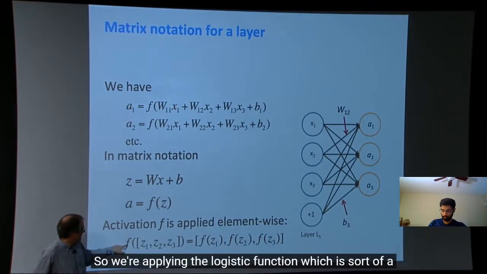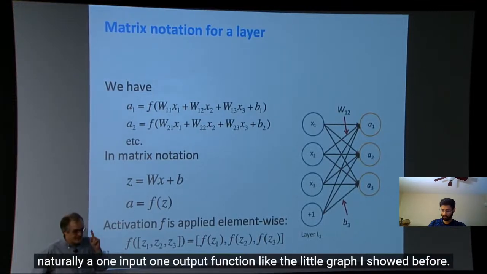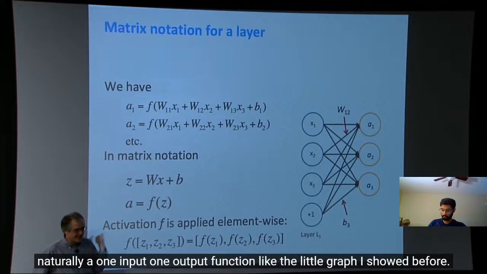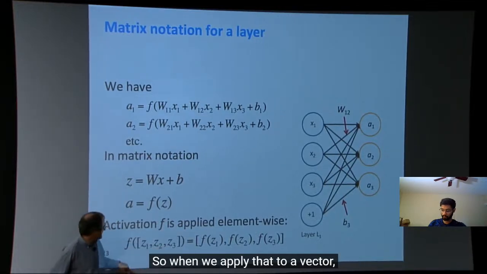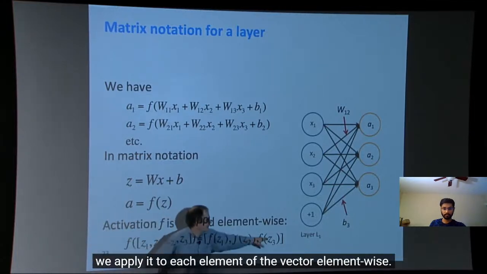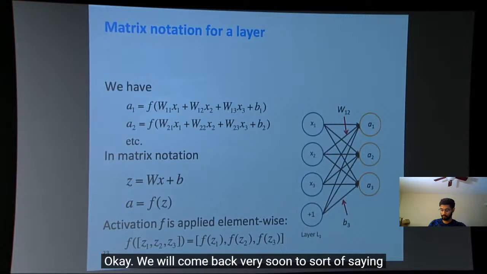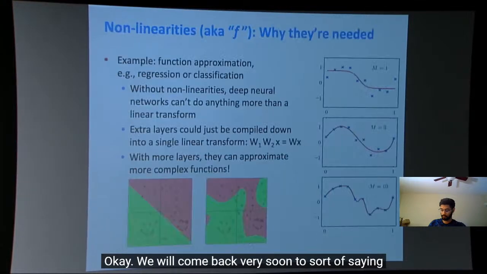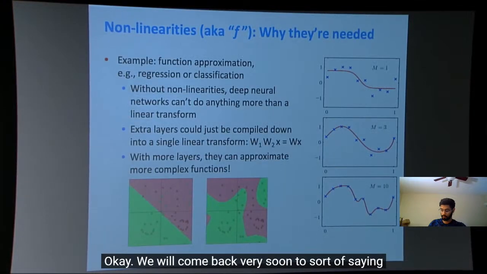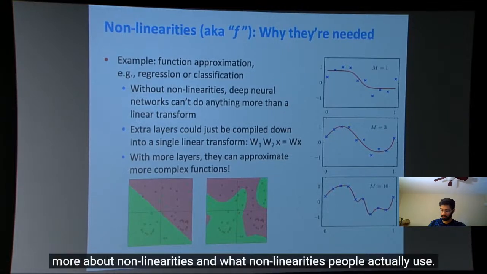So we're applying the logistic function, which is naturally a one-input, one-output function, like the little graph I showed before. When we apply that to a vector, we apply it to each element of the vector element-wise. Okay. We will come back very soon to say more about nonlinearities and what nonlinearities people actually use.